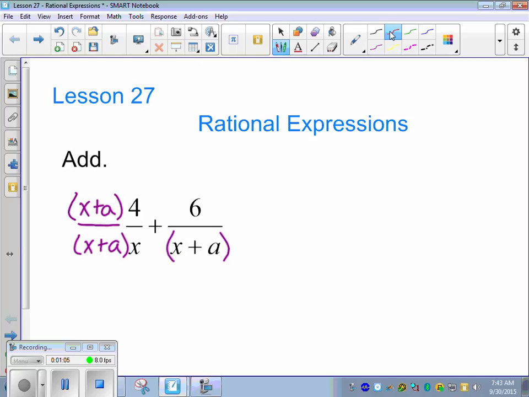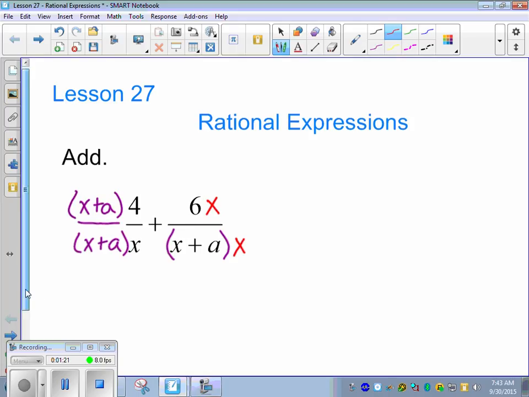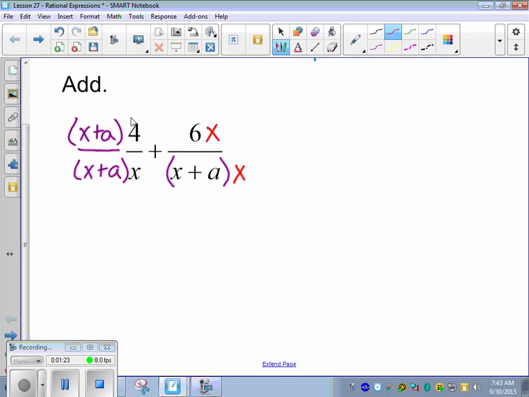And then the second fraction is missing this x. So I'm going to multiply top and bottom by x, so x over x on the second fraction. Now in order to add them, we first have to multiply. The first fraction, I have 4 times this binomial, which means we distribute: 4 times x is 4x, plus 4 times a is 4a.